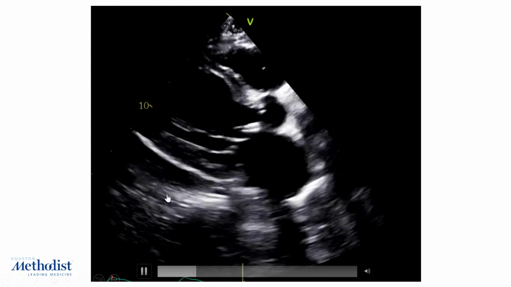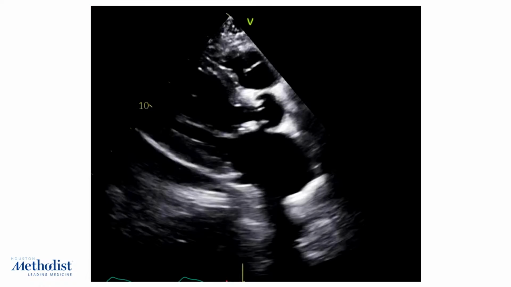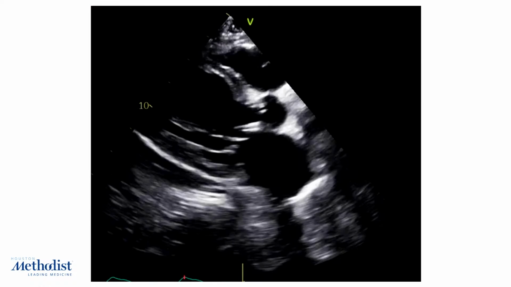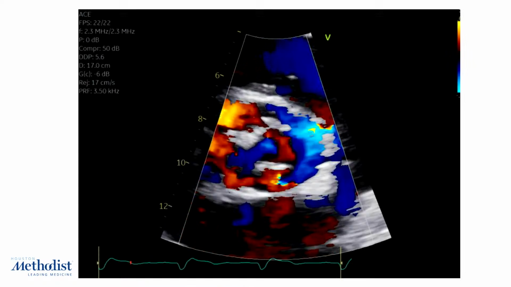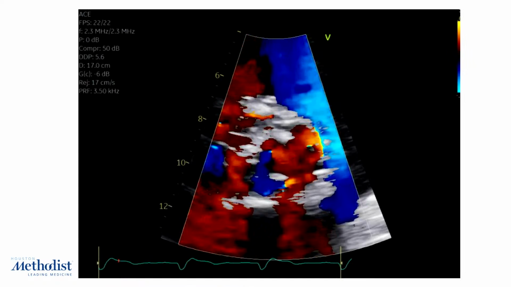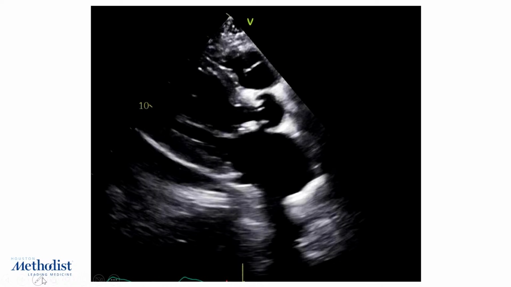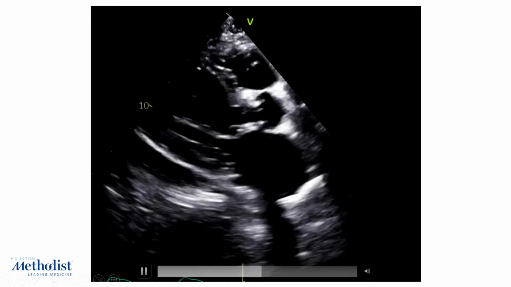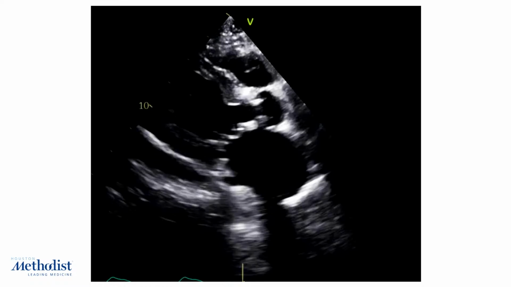Now, sometimes you can have complications with the leaflet itself after you implant. So this is a patient who had a TAVR, a bioprosthetic transcatheter valve. This was done for pre-TAVR, but this is their echo.